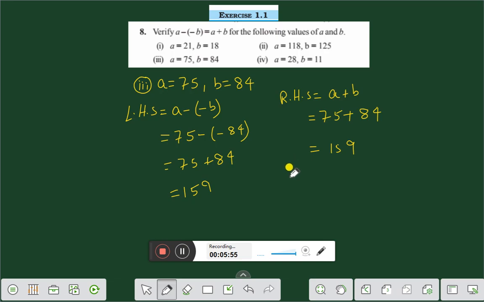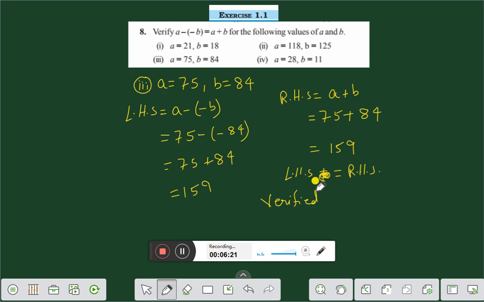Therefore you can say that left hand side is equal to right hand side. Therefore it is verified.